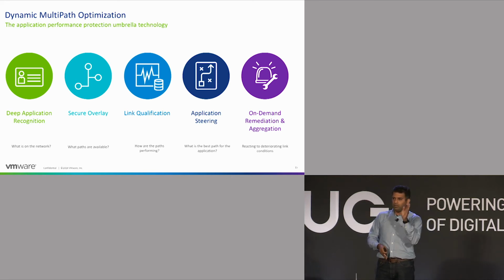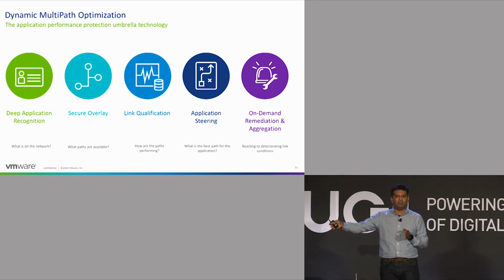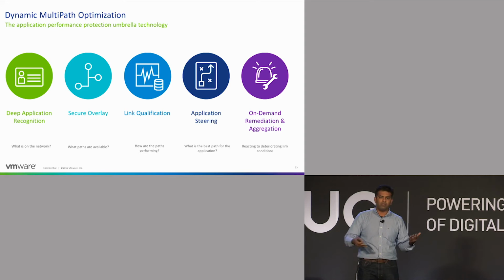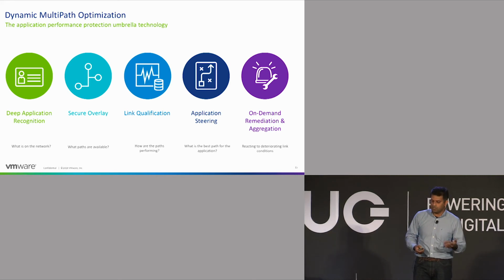For voice and video, the second internet link is not good. So I'm going to send my voice and video on internet link 1, but I'm going to send my transactional video on internet link 2, which is actually good for transaction video. It depends on all the SLAs, on all the parameters and stuff, right?